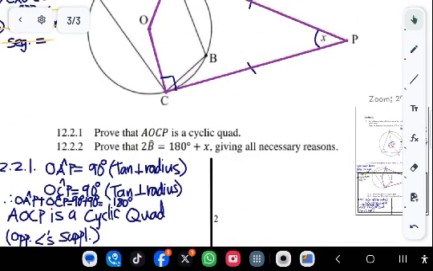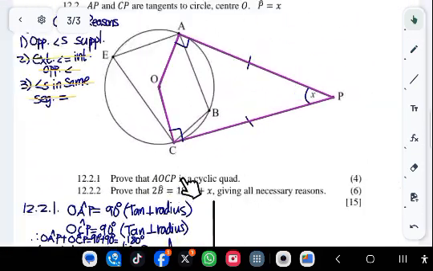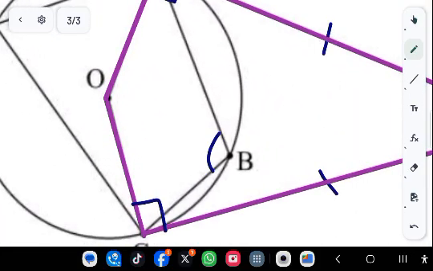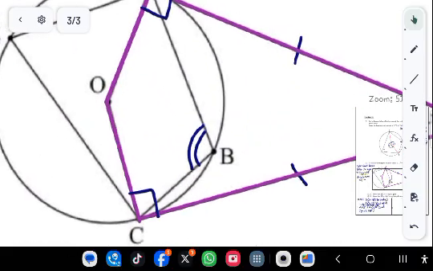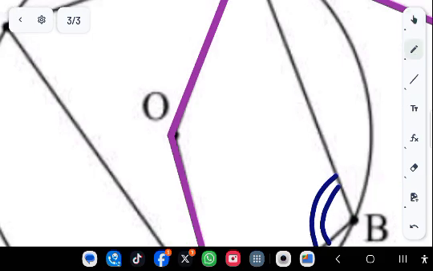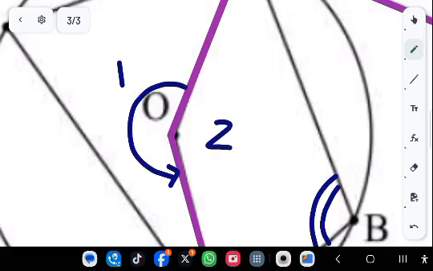Next question. Prove that 2 times angle B is equal to 180 degrees plus x. Now notice that twice the angle B relates to angle AOB. Let's call this angle O1, and this is angle O2.